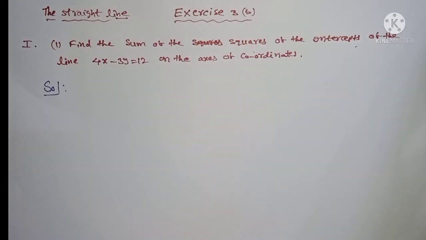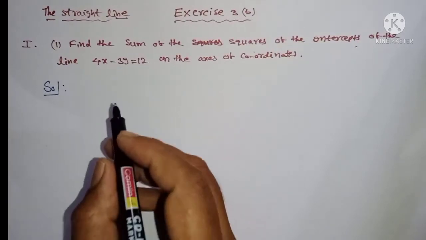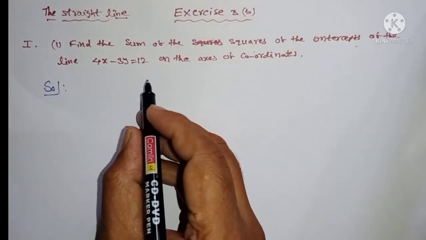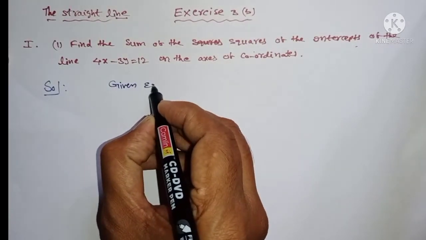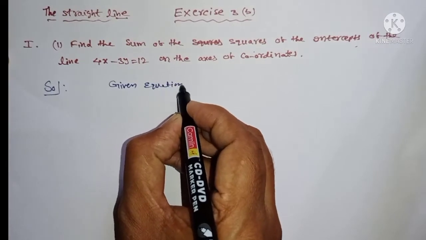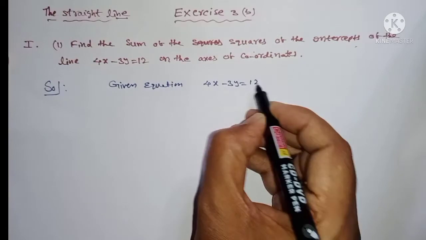You can convert it into intercept form. How can you convert? First, the solution. Observe here. The given equation is 4x minus 3y is equal to 12.